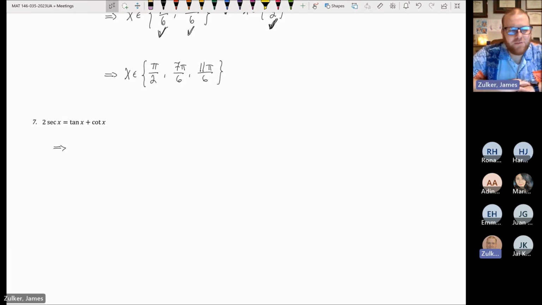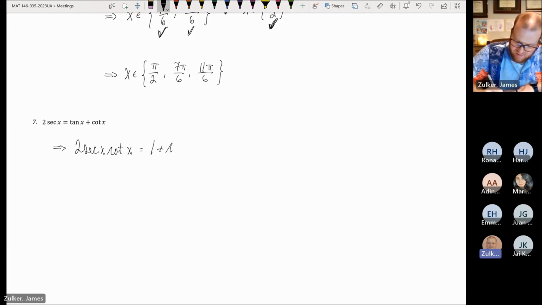Multiply through by a cotangent. Secant times cotangent.